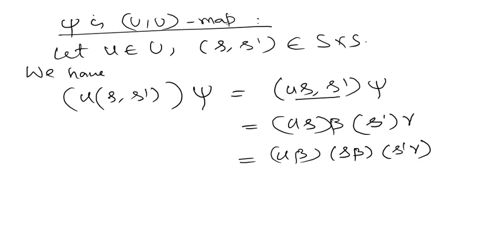Then I have applied the definition of psi here. It's beta of the first element, then gamma of the second element. Now, what is this beta? Beta is a morphism from S to T. It's a product here, so here is the property of action.